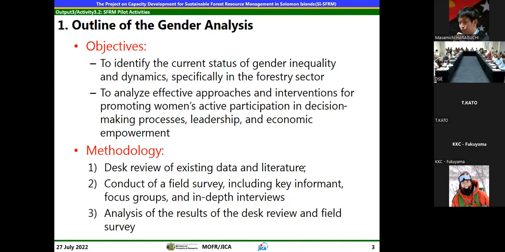So we did a broad review of the existing data that is available in the Solomon Islands and also in the Pacific. Then we conducted a field survey, including field visits. We went to the project sites, Komuniboli and Falake, and did some key interviews with different women and different groups.